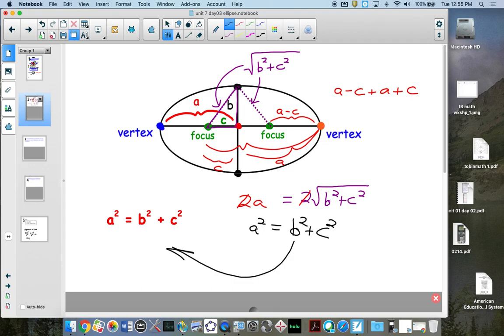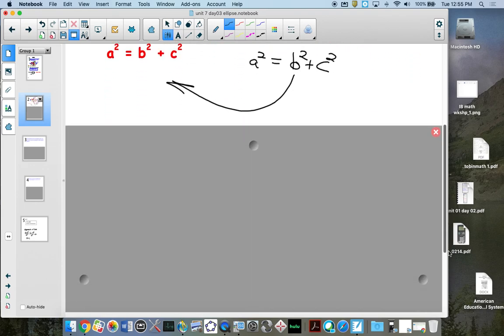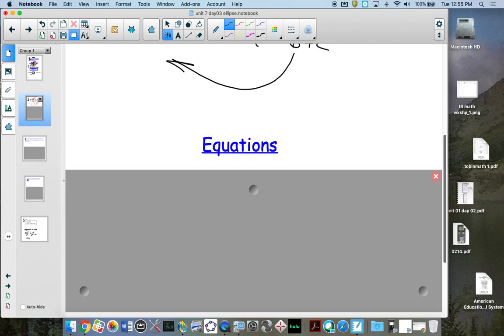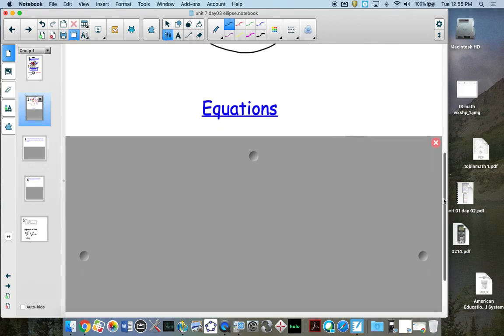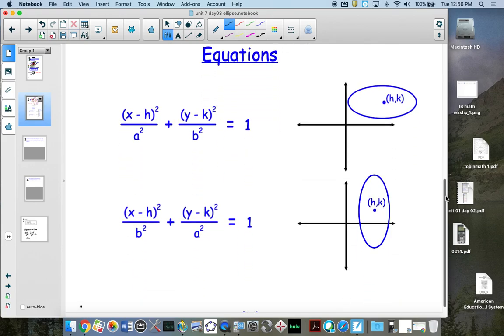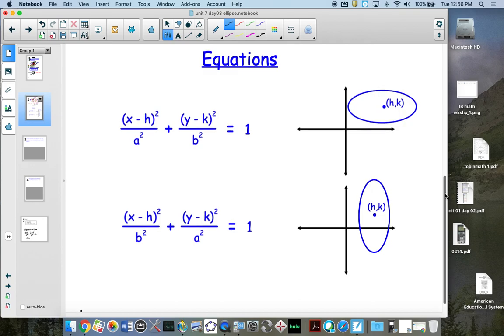Okay, now with that relationship, we can start talking about equations. So there's two basic equations for an ellipse, and it depends if the major axis is horizontal or vertical. And we're not going to worry about rotating axes.